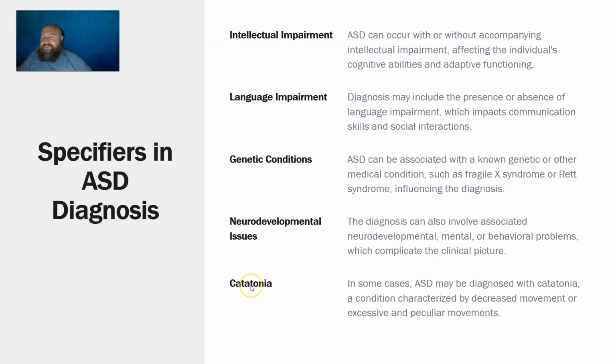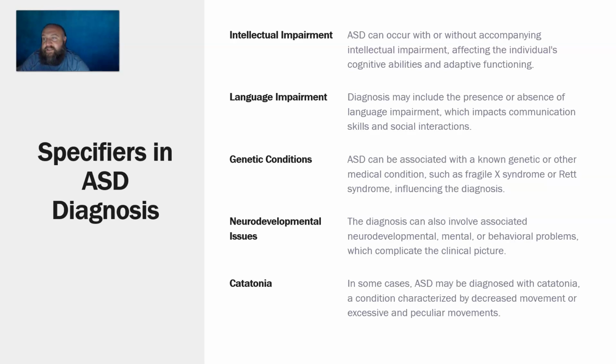Last one on here is kind of interesting. So it's catatonia. In some cases, and just from what I know about this, which isn't saying I'm an expert, catatonia tends to be extremely rare with ASD, but it's interesting. Another interesting little tidbit here. Some cases of ASD may be diagnosed with catatonia, which is a condition characterized by decreased movement or excessive and peculiar movements.